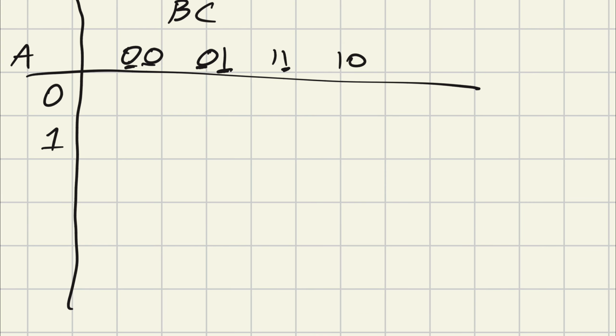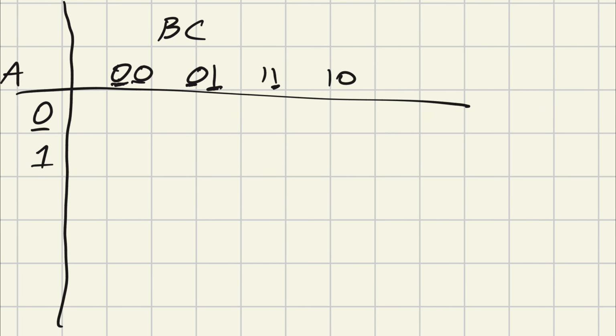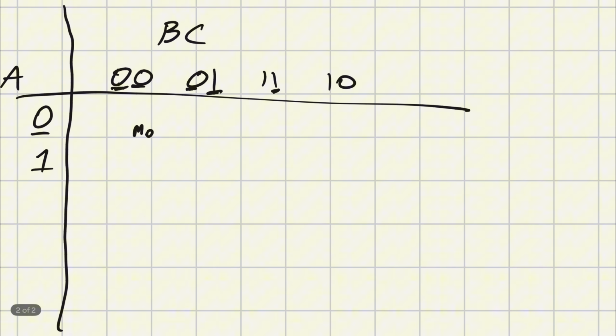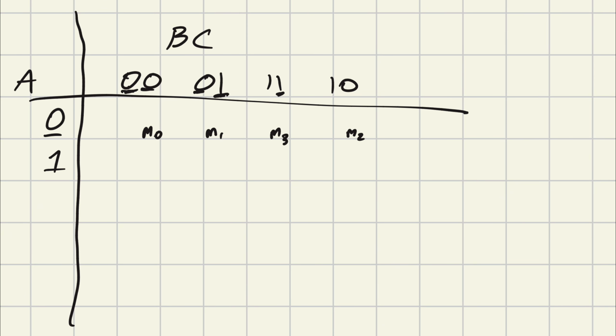So minterms also correspond to the binary value as we saw before. So we know that 0, 0, 0 would be minterm 0, 0, 0, 1 would be minterm 1, 0, 1, 1 would correspond to minterm 3, because converting 0, 1, 1 into decimal gives us 3, and then 0, 1, 0 would be minterm 2.